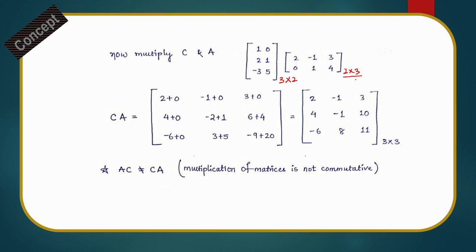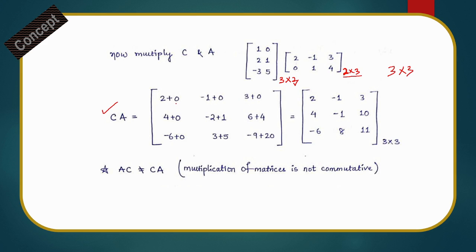As per the matrix multiplication concept, C and A are multiplicable because 2 is the number of columns of C and 2 is also the number of rows of A. So the result will be a 3 cross 3 matrix.